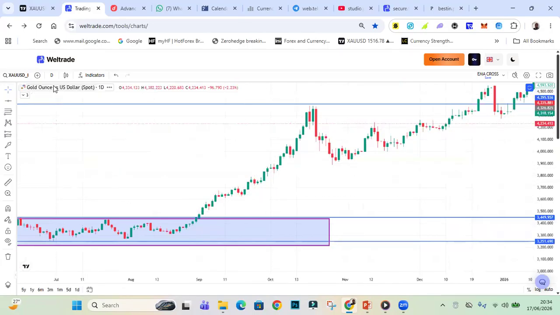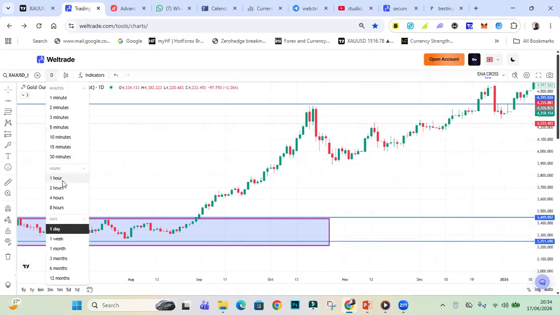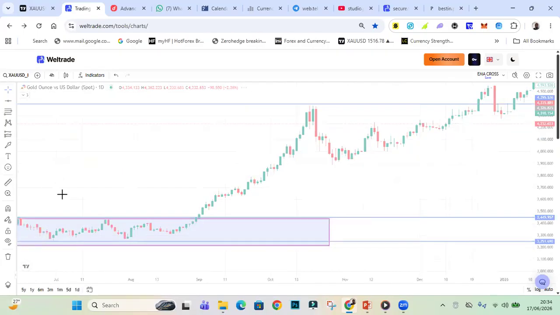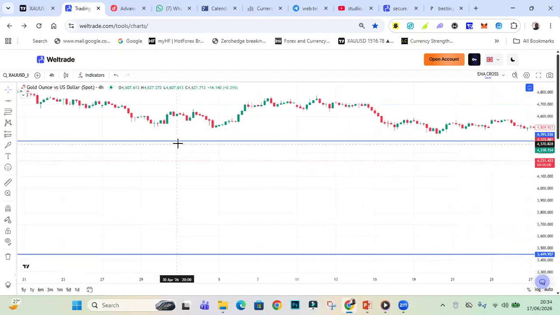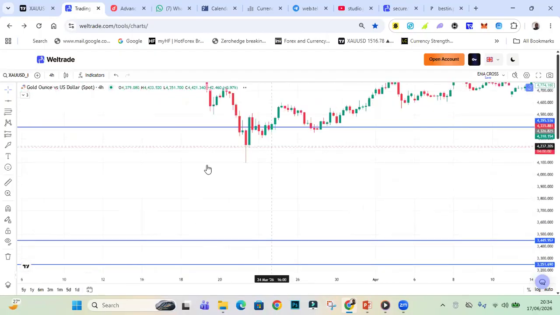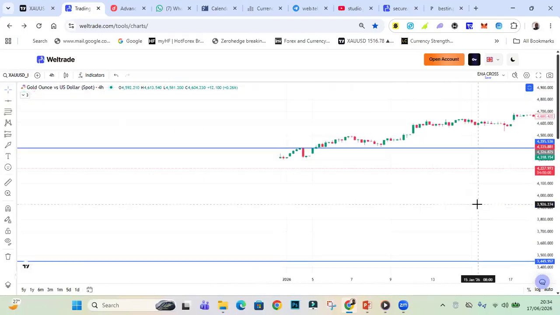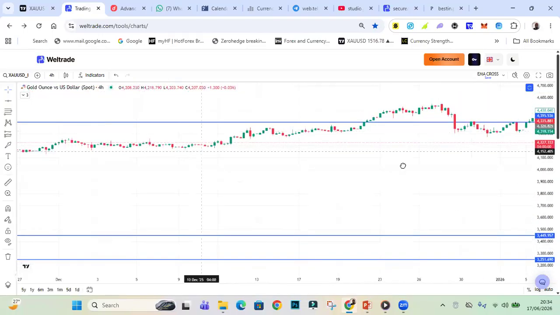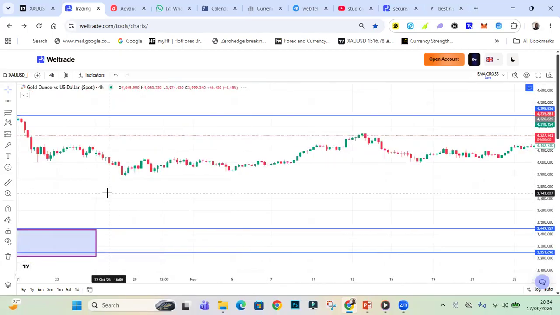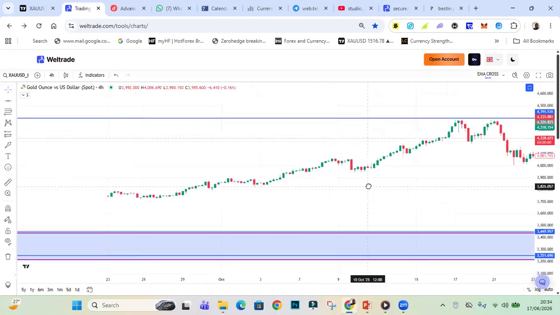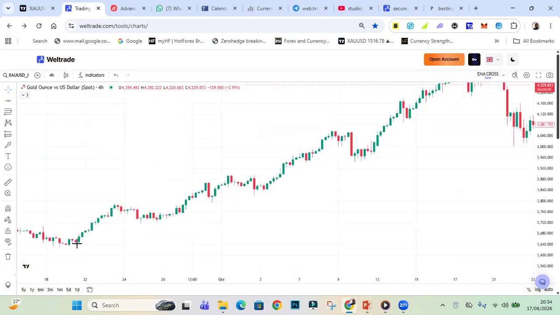So let me take it to like 4 hours so that you appreciate the pullback. At that particular level, I want to use it from that consolidation. So you can see that the market is coming from down.